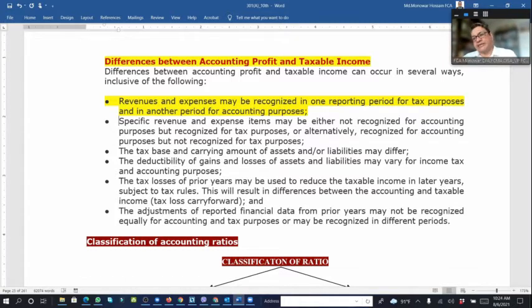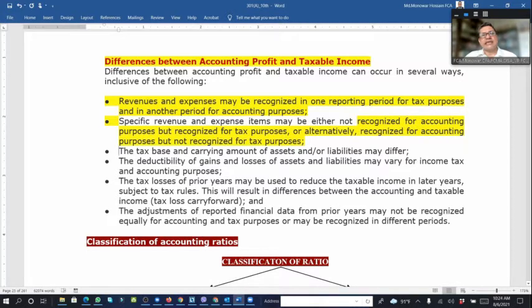That is the deferred tax. We will discuss deferred tax as per International Accounting Standard 12, and we will take some math also. So that's the difference between accounting profit and tax profit. A specific revenue or expense item may not be recognized for accounting purposes, but recognized for tax purposes.